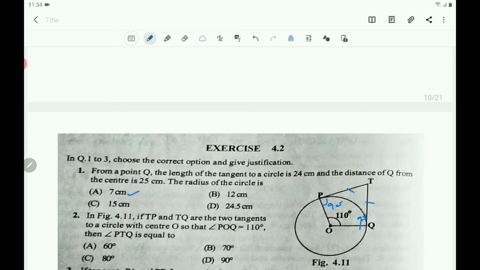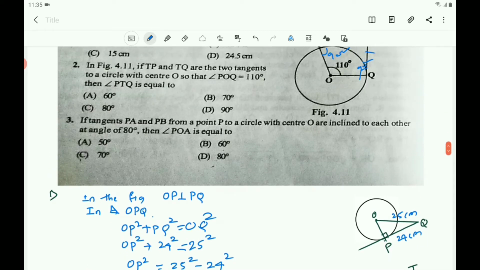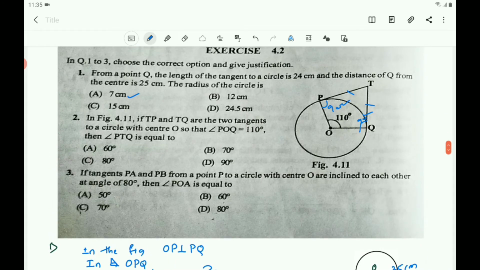And POQT is a quadrilateral, the sum of four angles is equal to 360 degree. Then 90 plus 90 is 180, means angle O plus angle T must be equal to 180 degree. 180 minus 110, you will get 70 degree. So the answer is here 70 degree.